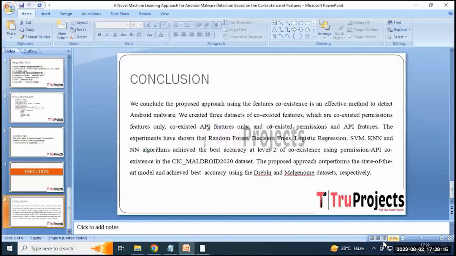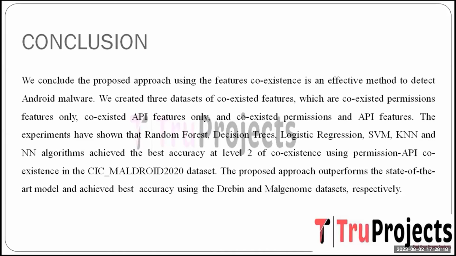And in conclusion, the proposed approach using feature coexistence is an effective method to detect Android malware. We created datasets of the coexisted features, which are coexisted permissions features only, coexisted API features, and coexisted permissions and API features.